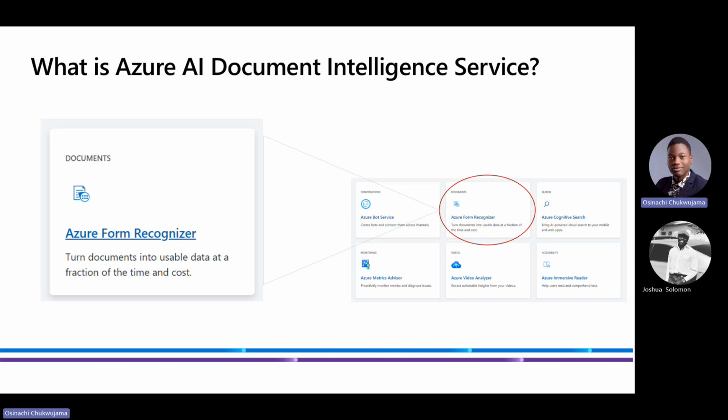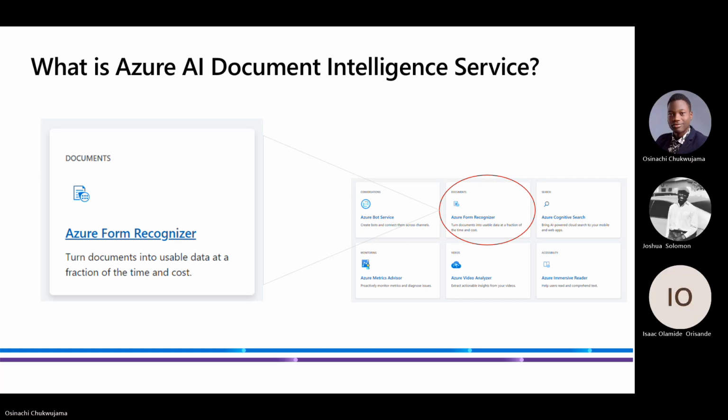So if you've used modern mobile devices like an iPhone, if you take a picture that has text in it, you can highlight that text and copy it, right? You can do that for pictures, mainly pictures, right? So this OCR service also exists on the cloud, and it comes as Azure AI Document Intelligence Service.